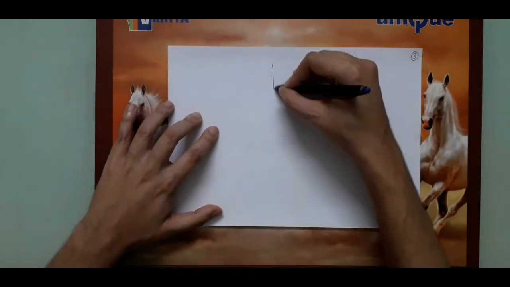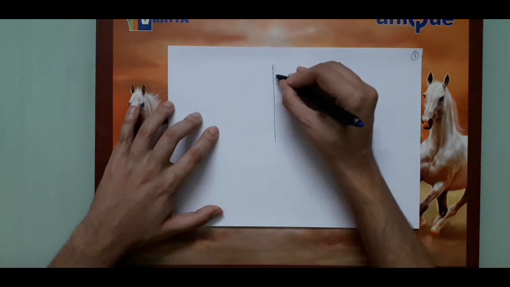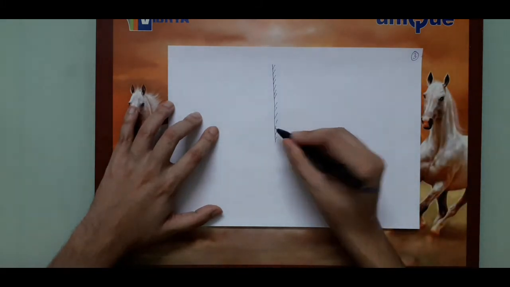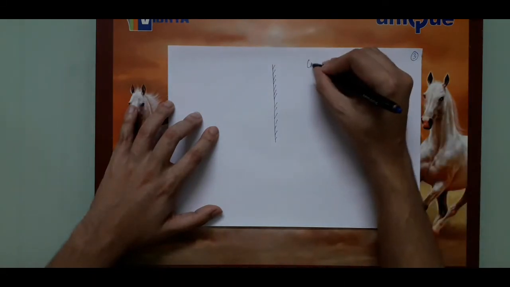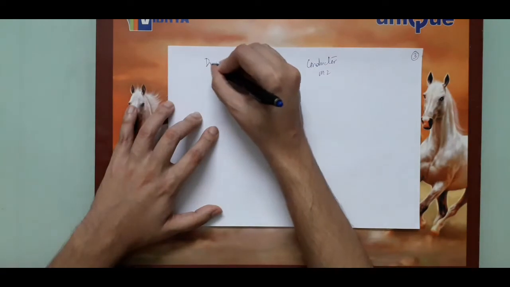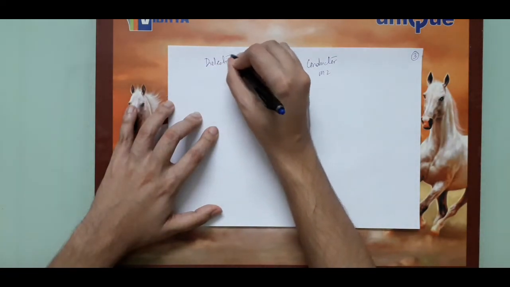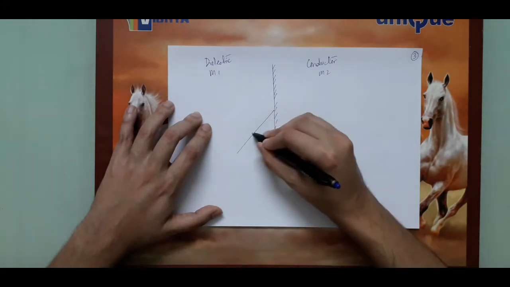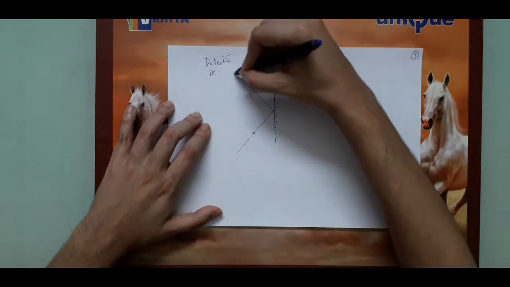So it's like saying, if I have a metallic boundary, so now I'm showing a metallic boundary this way. So just to make it look like as if it's a mirror, this is conductor, medium 2, this is dielectric, medium 1. So if I have an incident wave over here, there will be a reflected wave like this.